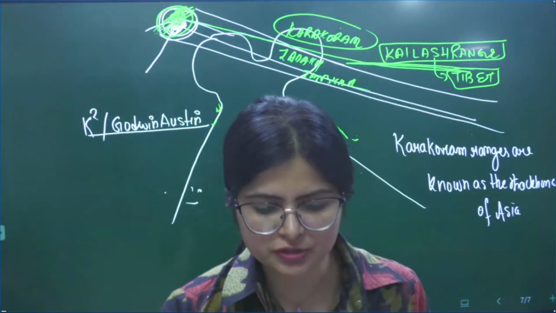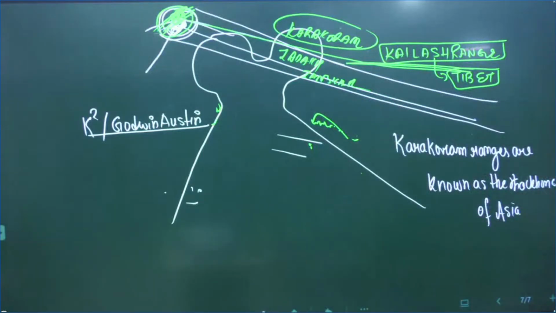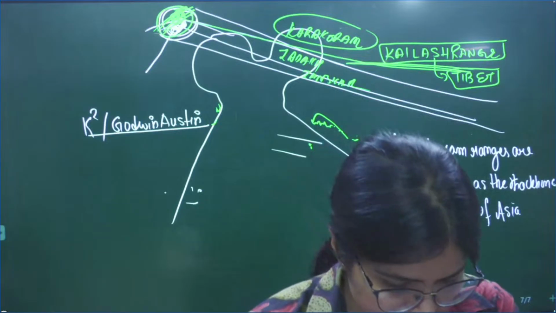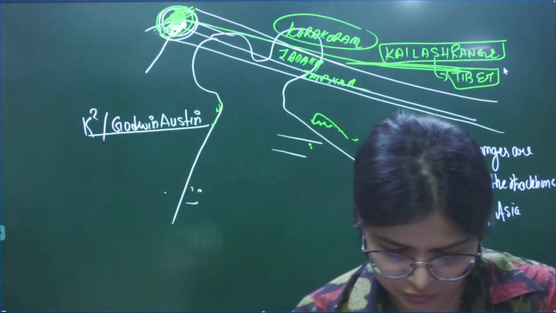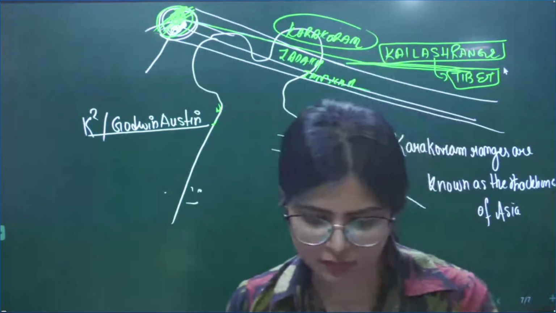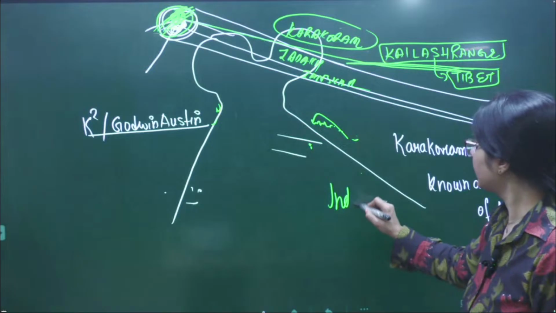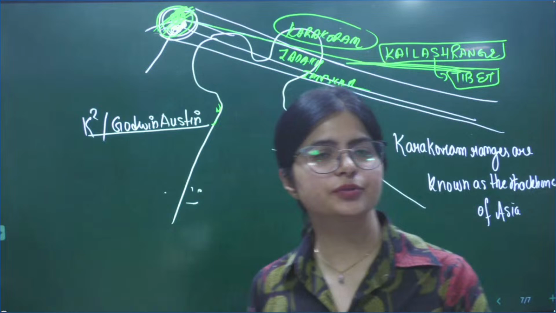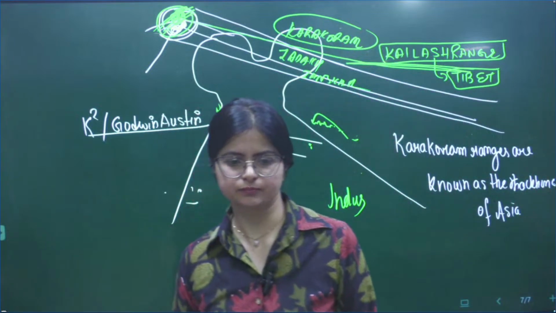Now write down, full stop. In the south of this range, comma, the Ladakh range acts as a water divide between the Indus and its tributary Shyok.